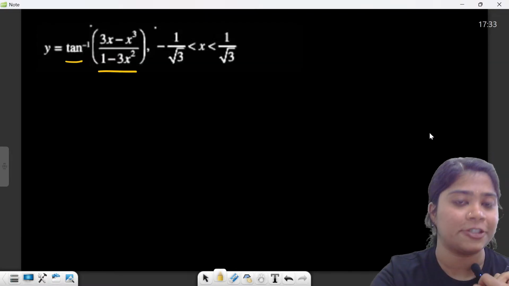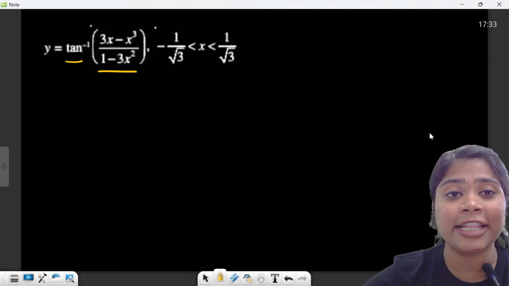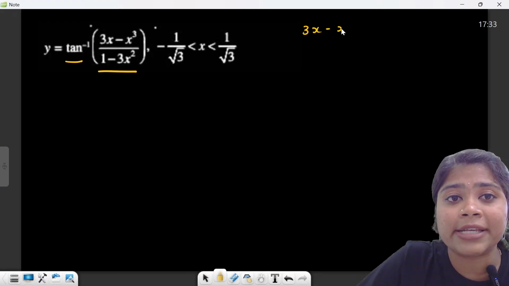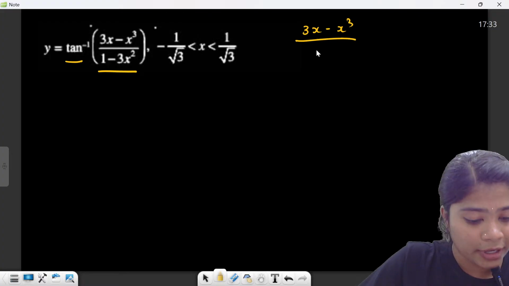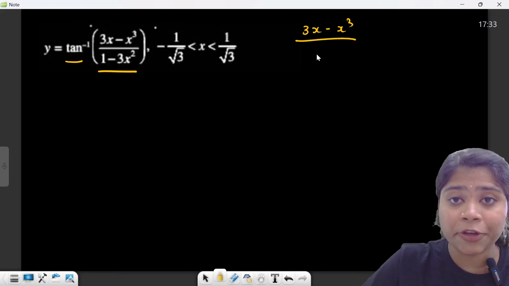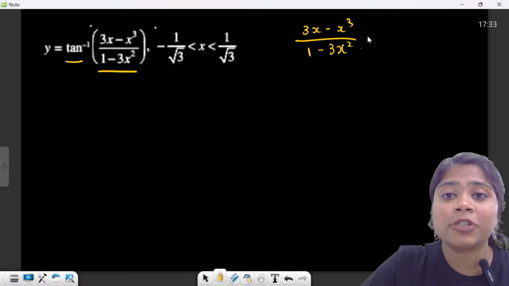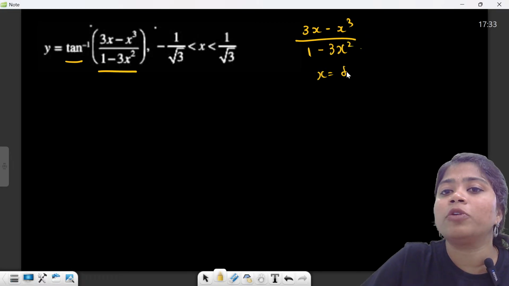Now let's solve this question. This looks like one formula. Do you guys remember? 3x minus x cube divided by 1 minus 3x square. So x is equal to tan theta.